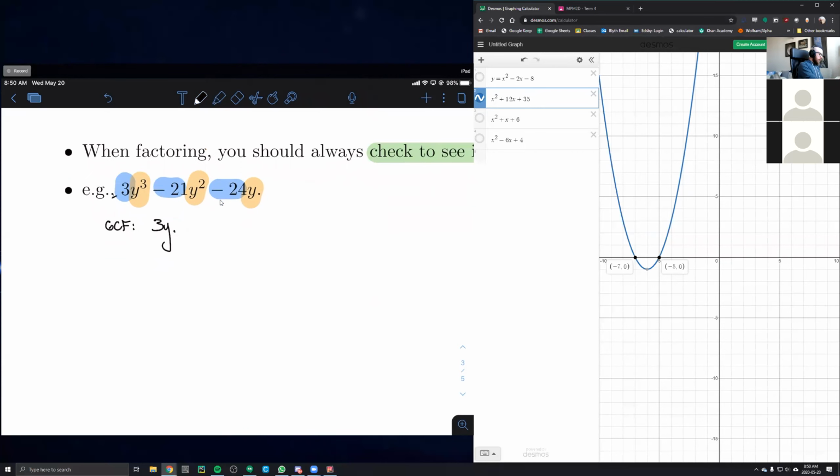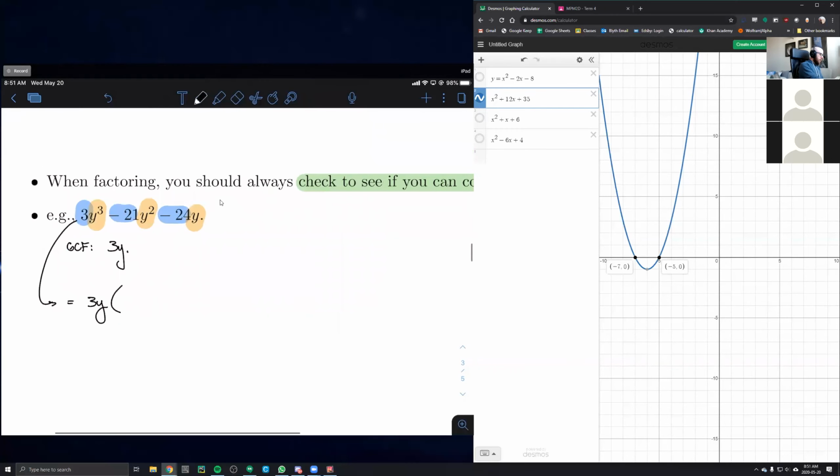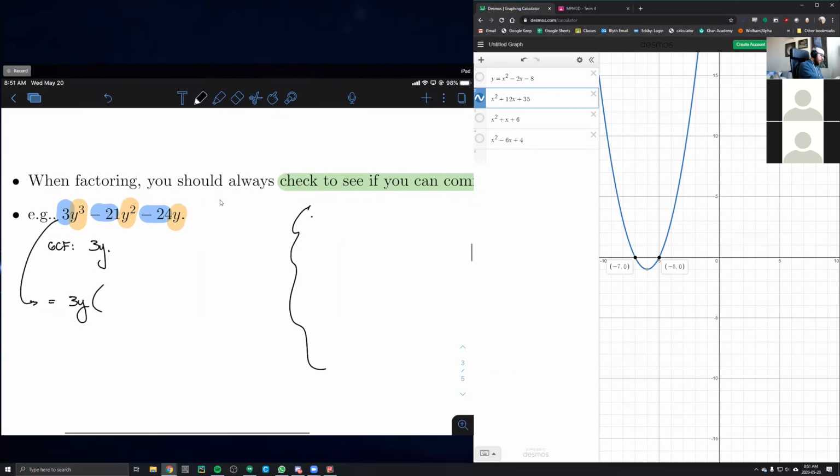So this is going to be equal to 3y. And then in the brackets, I'm going to write everything that's left over after I factor those things out. I always like to do this work off to the side. I'll have 3y cubed divided by 3y. So I can see that my 3's will cancel.